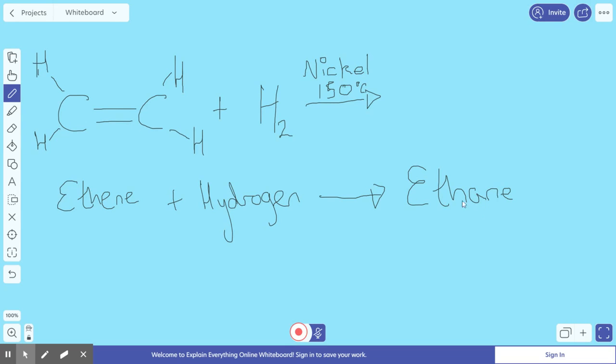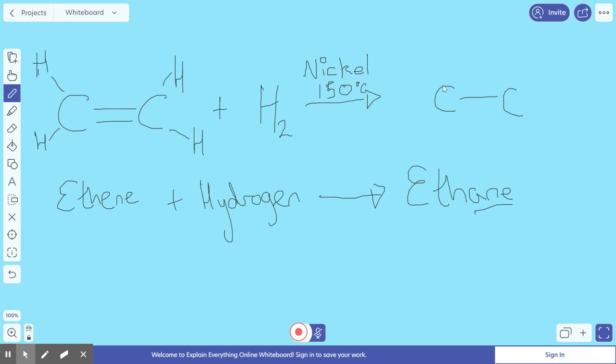We know that alkanes have a single bond between the carbons. So we're going to draw our 2 carbons on, and basically what happens with an addition reaction to an alkene is this double bond in the alkene is broken. It opens up, which means that there's only one singular bond between these 2 carbons.